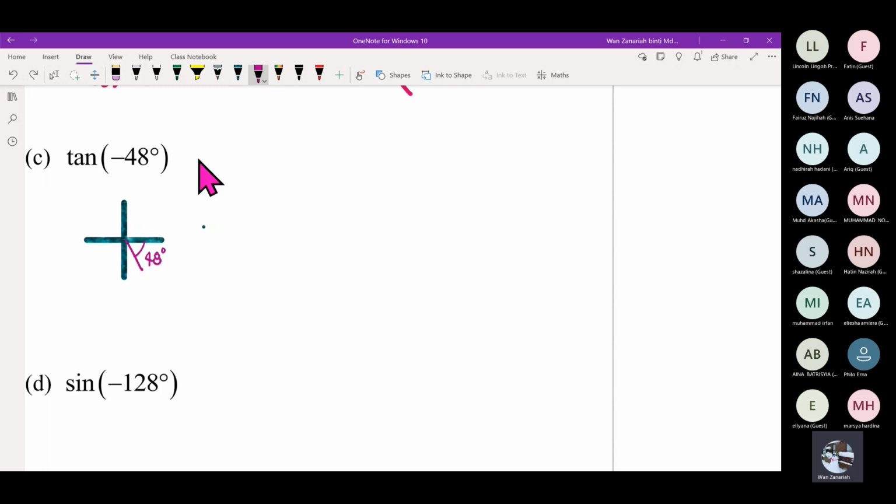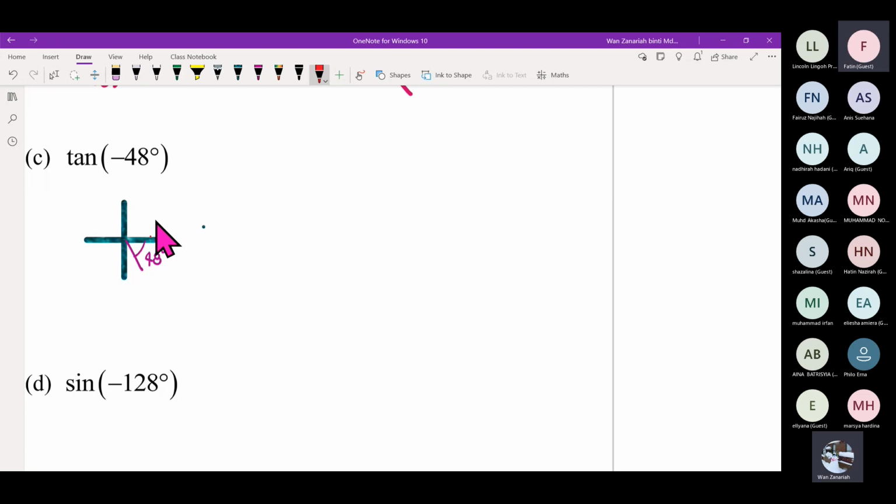It is downward. So tangent negative 48 is basically negative tangent 48. So what does the question ask? State the following trigonometry ratio in acute angle.